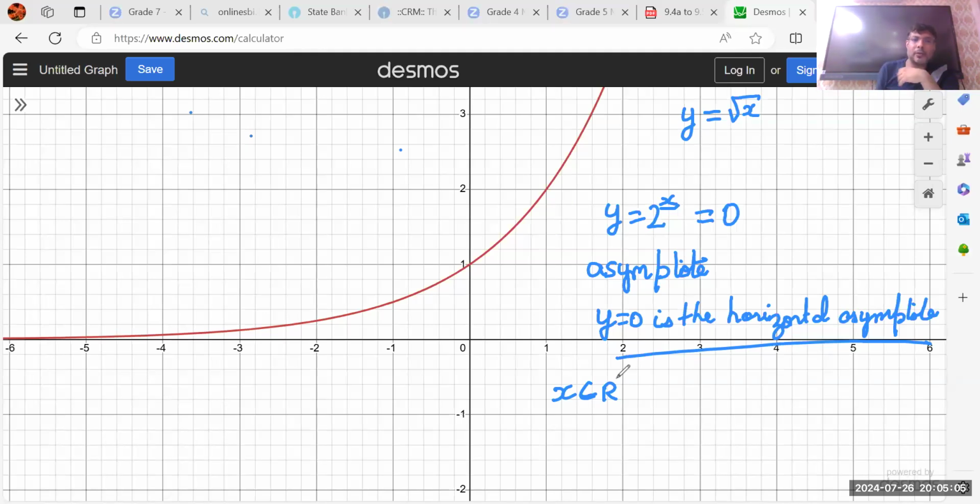Anyone else wants to give an answer for the range? No one? Minus infinity to plus infinity. So anyway, don't hesitate to make mistakes, guys. गलत दे दो, but speak the answer.